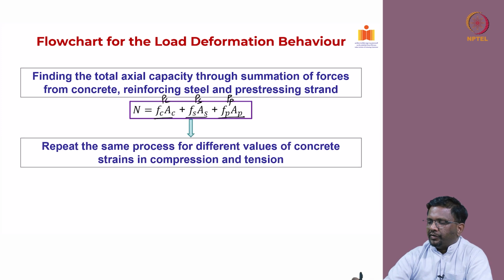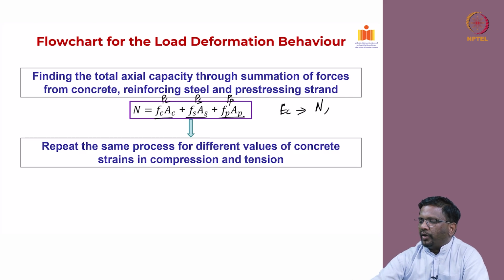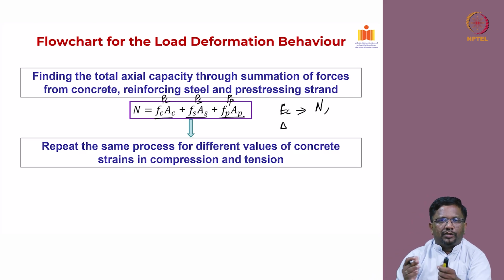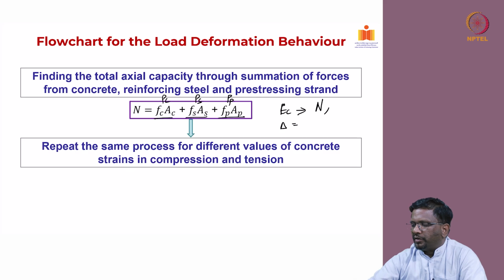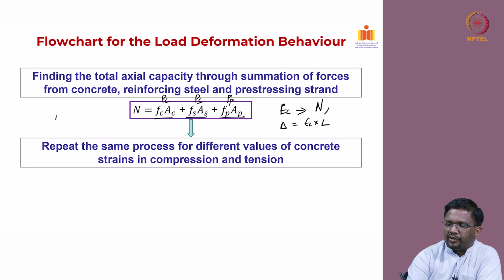So, then what I get is for one epsilon c, I got one value of N, which is an axial load. Now, what will be delta deformation is nothing but strain multiplied by length of the member. So, I get one point which is delta 1 comma N1.